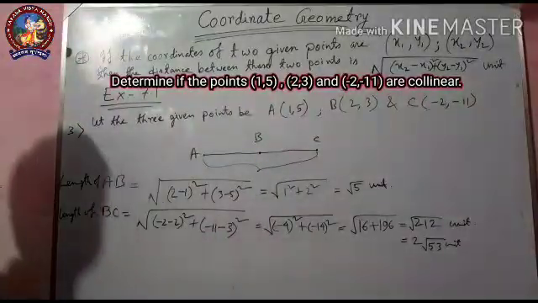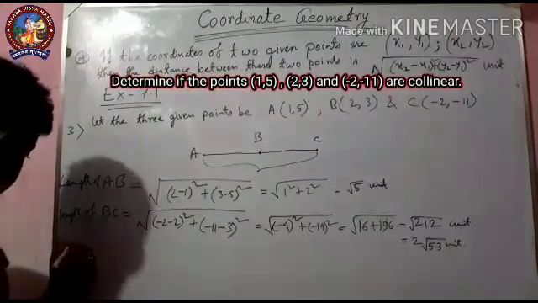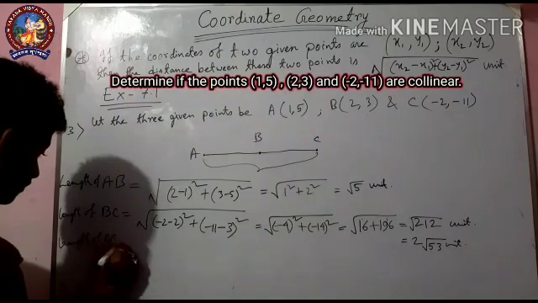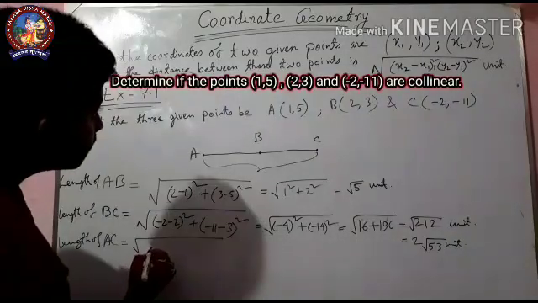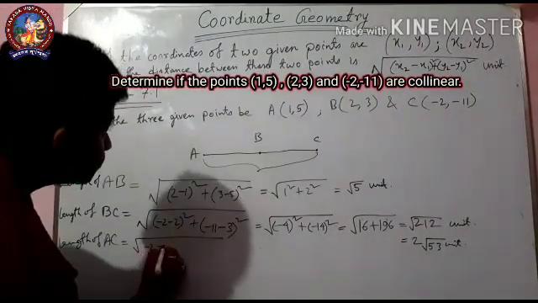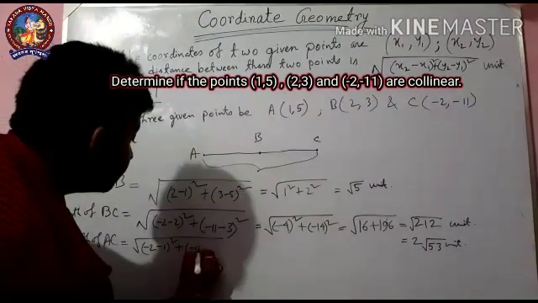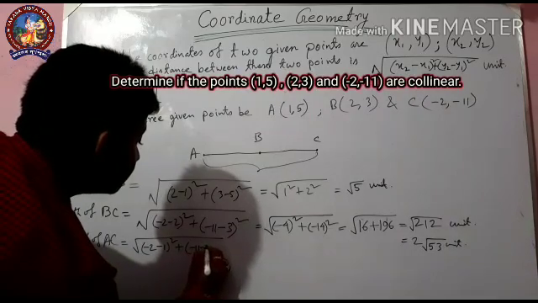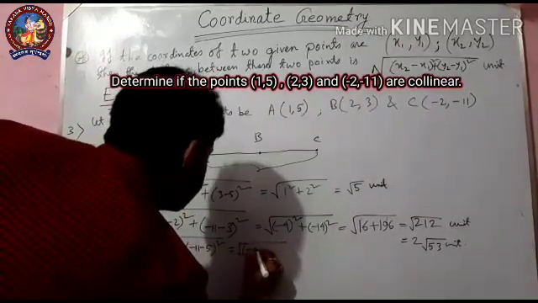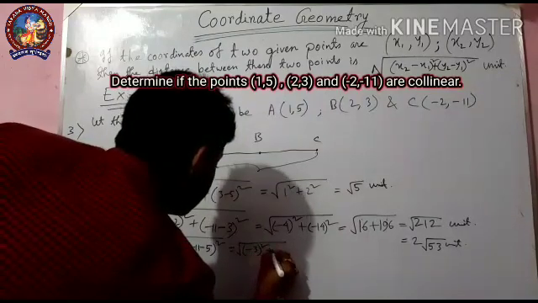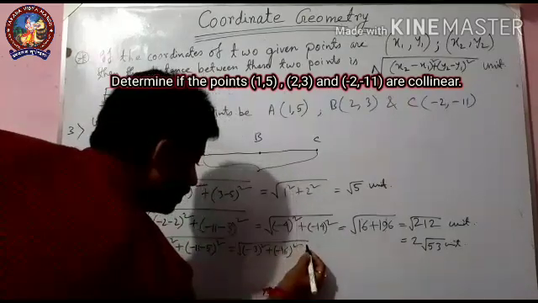Now the length of AC is root over minus 2 minus 1 whole square plus minus 11 minus 5 whole square, that is minus 3 whole square plus minus 16 whole square, right?